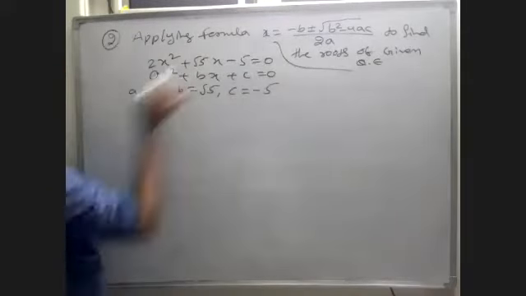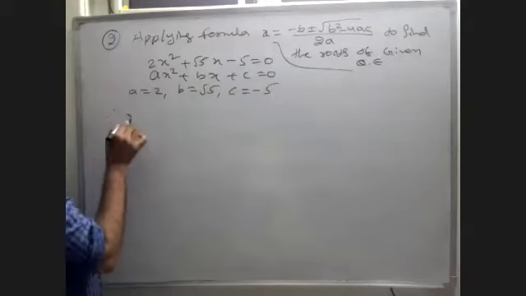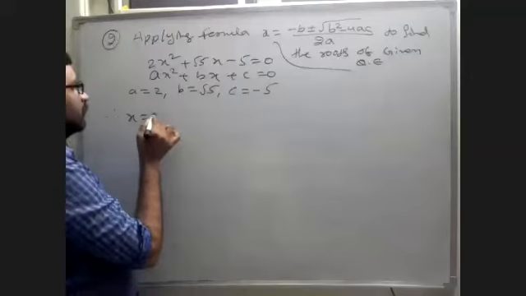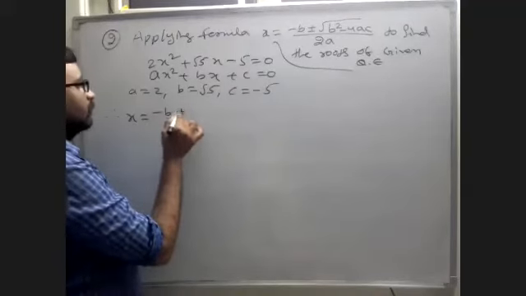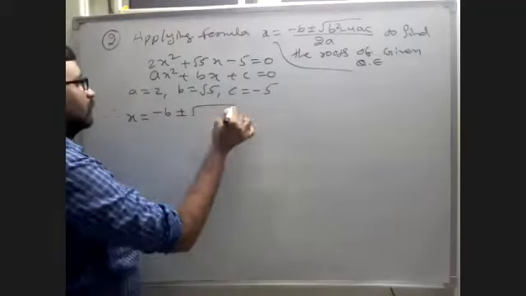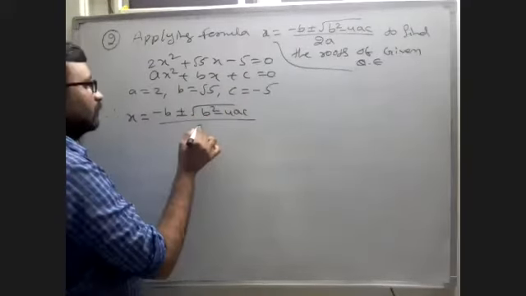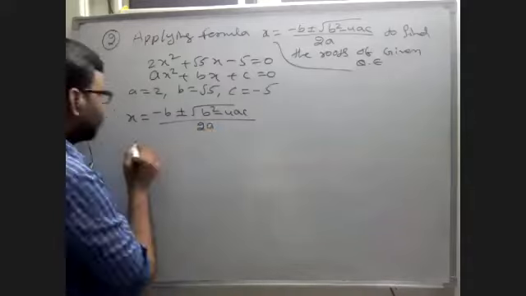Now, formula. Tell me. Minus b plus or minus root b square minus 4ac by 2a. Yeah, tell me values.